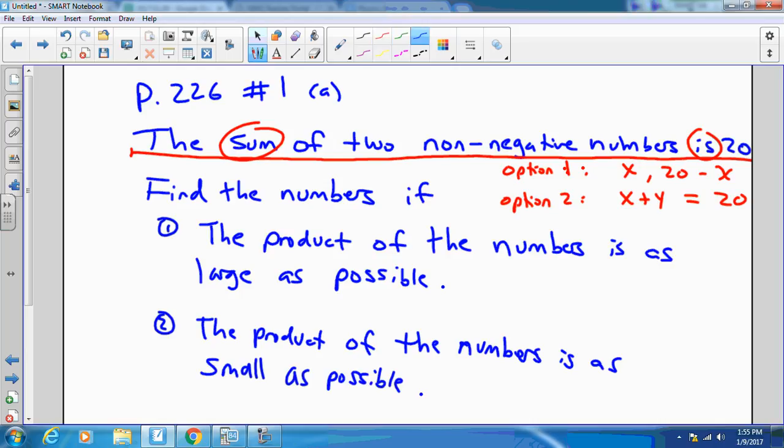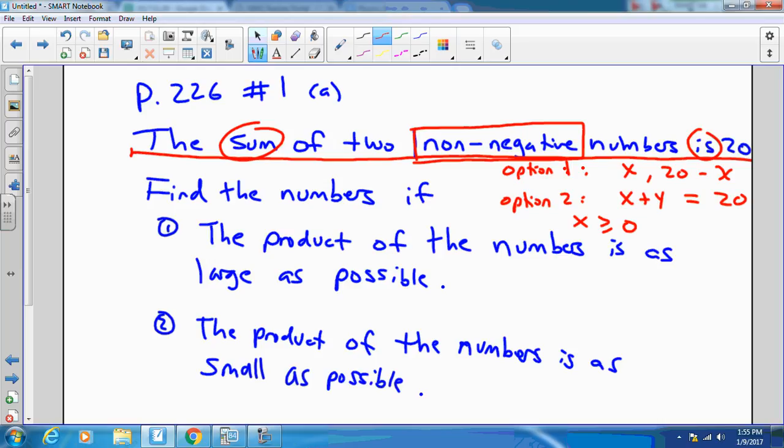Okay. Now, the next thing is I need to deal with the phrase non-negative. This is telling me something about the domain of my problem. Specifically, it is telling me that x is greater than or equal to 0.